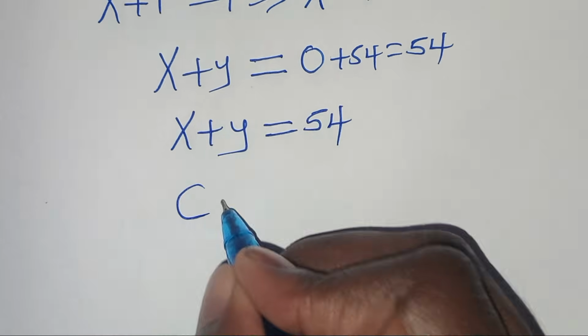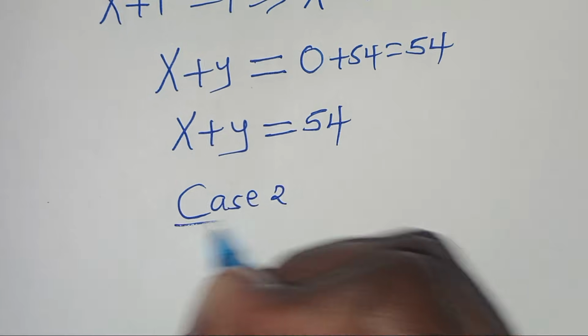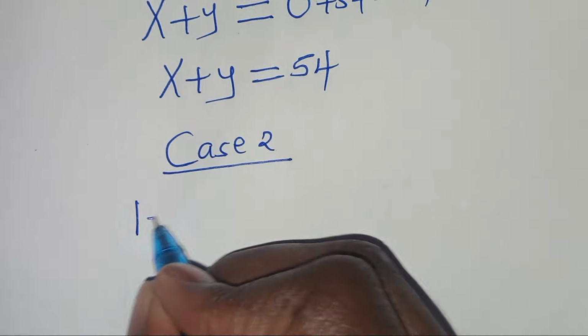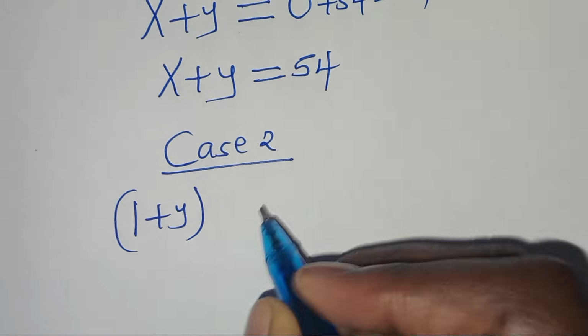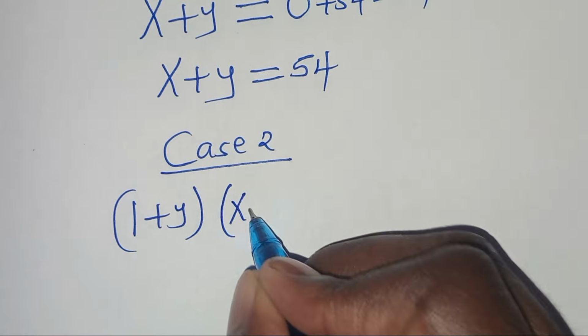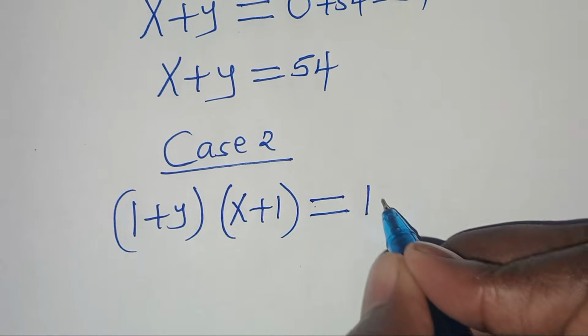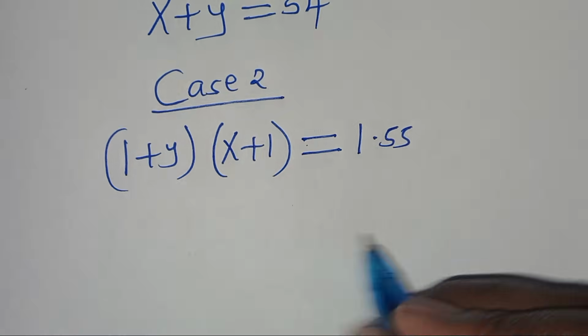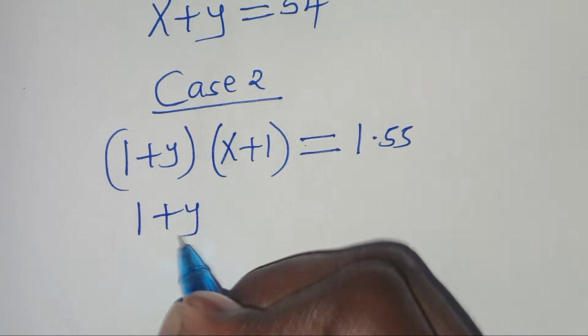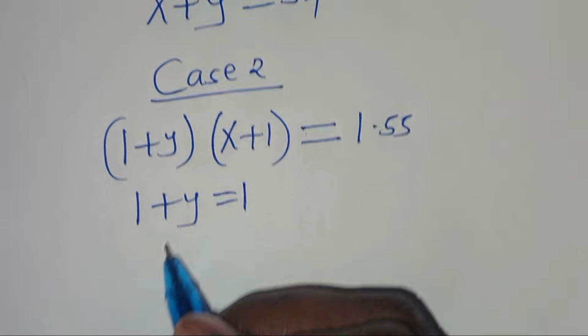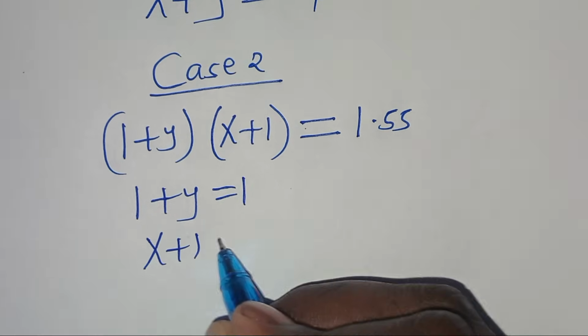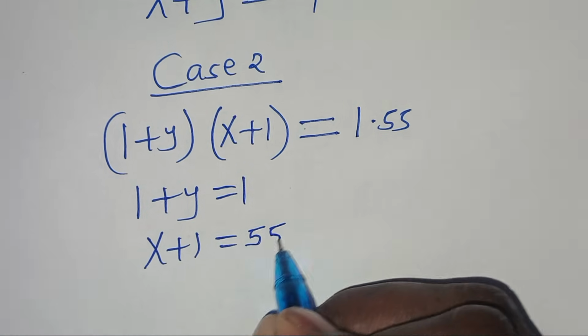Now in case 2, we have (1 + y)(x + 1) = 1 multiplied by 55. So 1 + y = 1, and then x + 1 = 55.